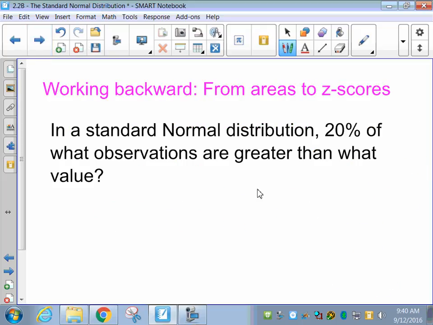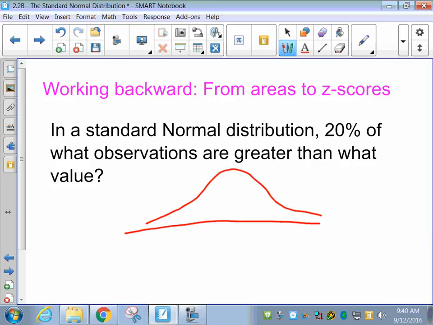Okay, what if we want to work backwards? So we had the z-scores and we found the area under the curve, right? What if we are starting with the area under the curve and we want to find the z-score that goes with that? Okay, so 20% of the observations are greater than what value? So let's make a picture here.